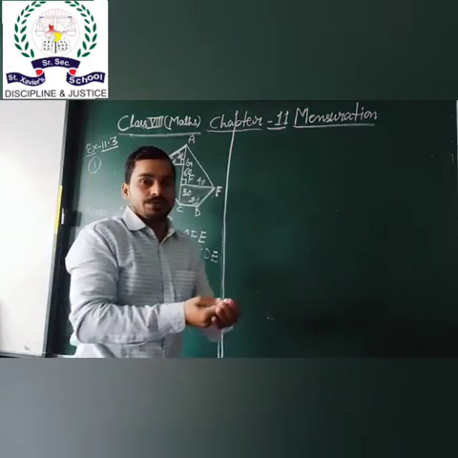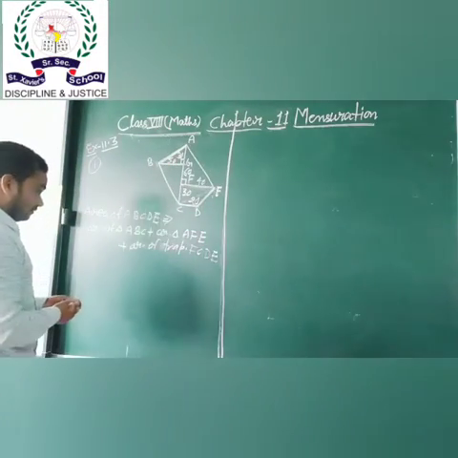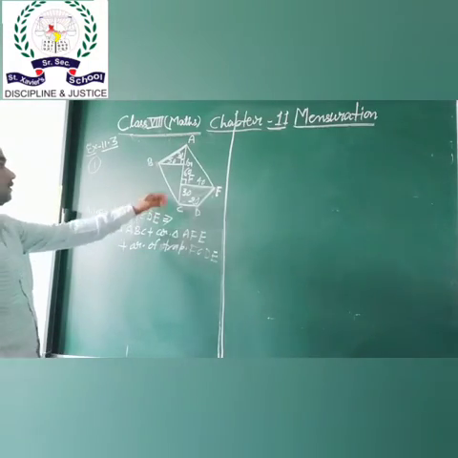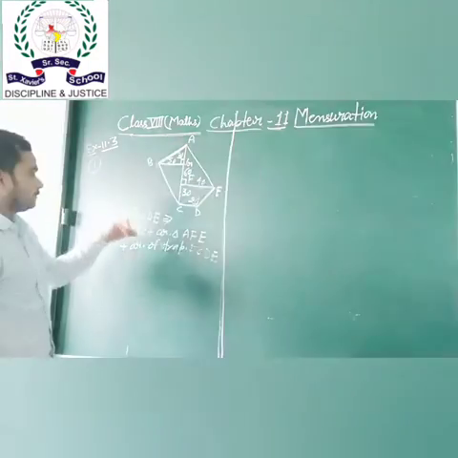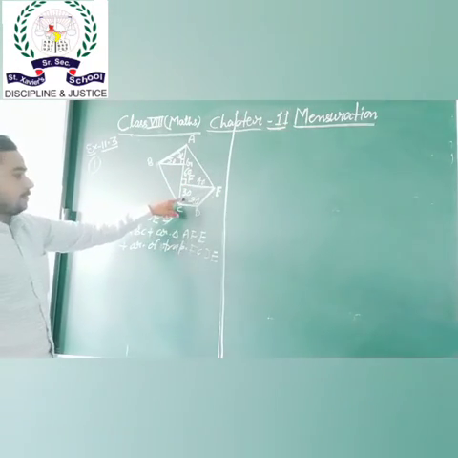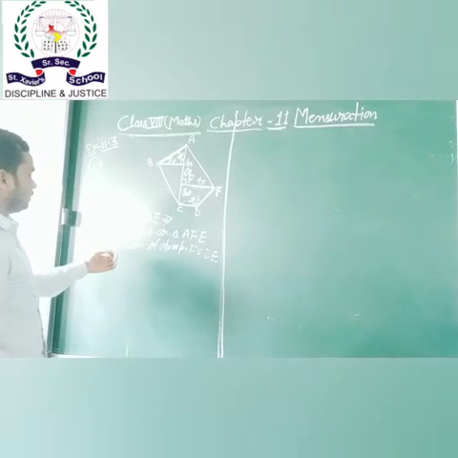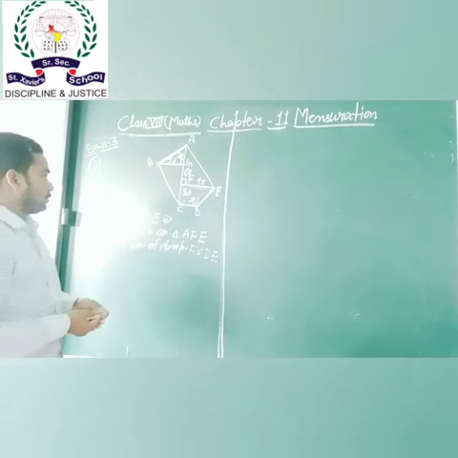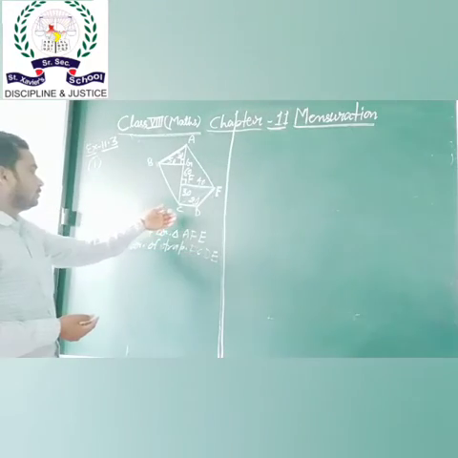So we divided this figure into three parts: a triangle ABC and a triangle AFE and a trapezium FCDE. So when we add the area of these three parts, we get the total area of this polygon.